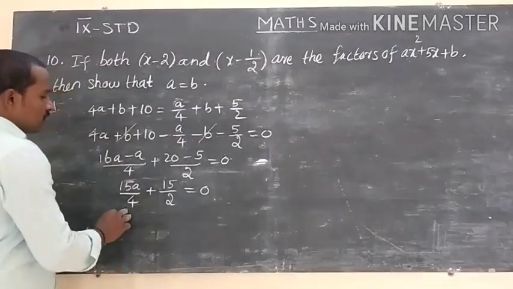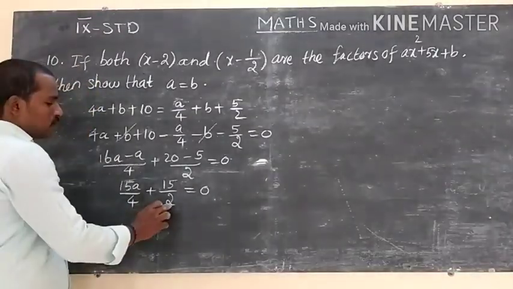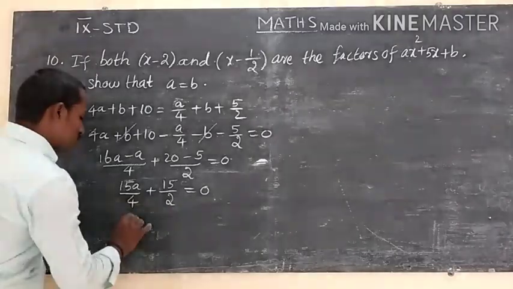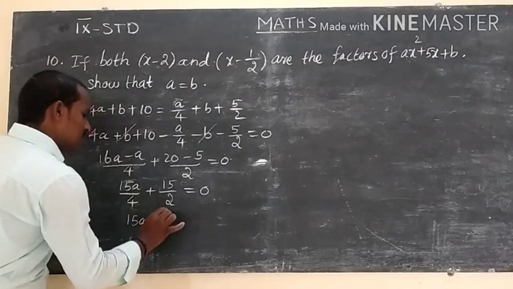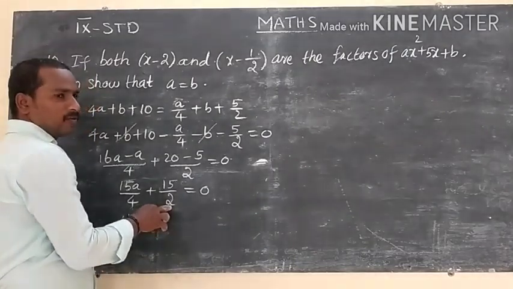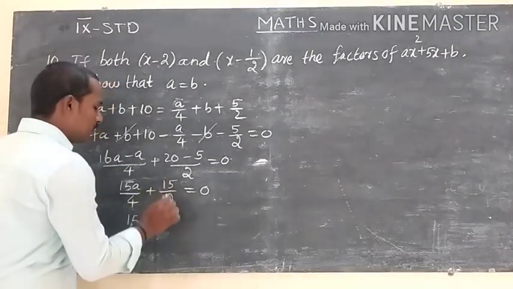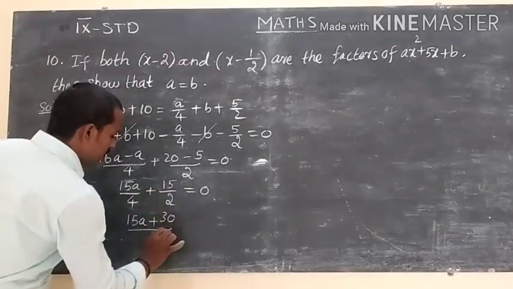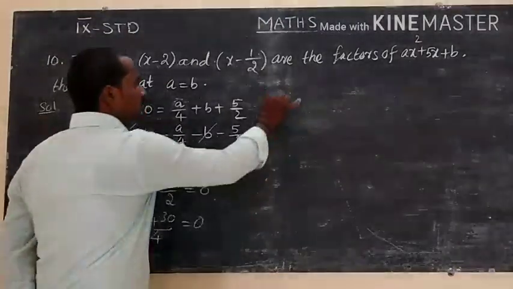The two denominators are different. The LCM of 2 and 4 is 4. Here it is already 4, so 15a, plus here 2 multiplied by 2 gives 4, so the numerator is also multiplied by 2. 15 twos are 30, whole divided by 4, equal to 0.